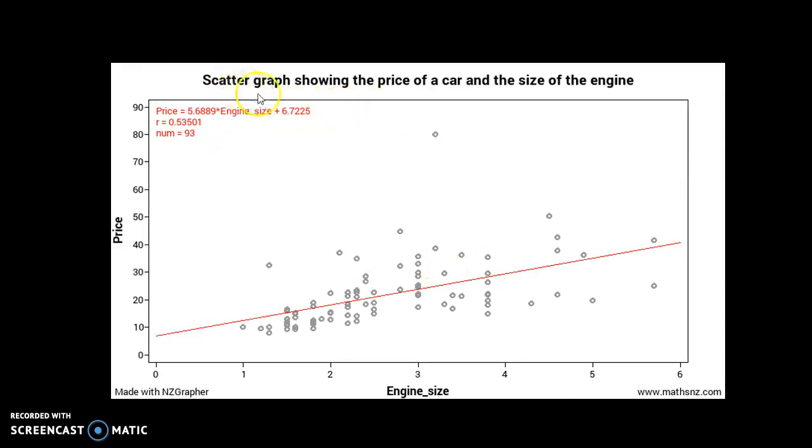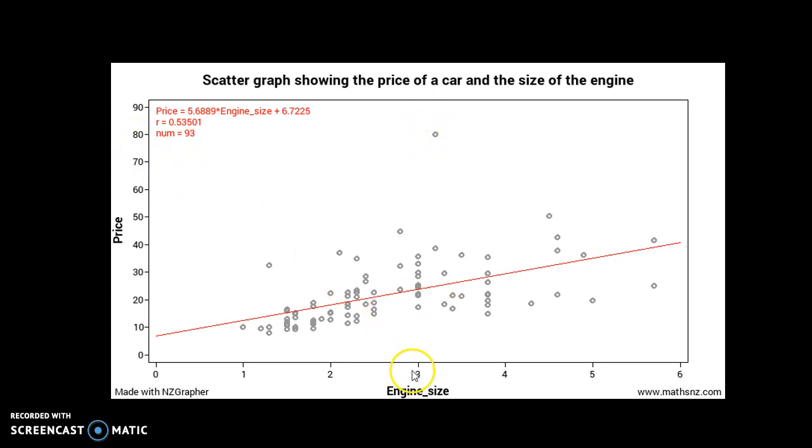This one here, if we had car price and engine size, I'm going to put in positive. Probably want a little bit more data for this, but positive relationship. Positive, definitely. Linear, I'm going to guess that it's linear. They've got a little bit of an outlier here, which you can just sort of ignore.